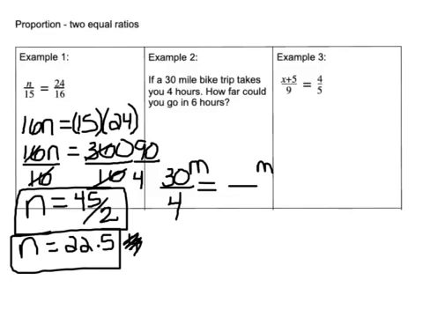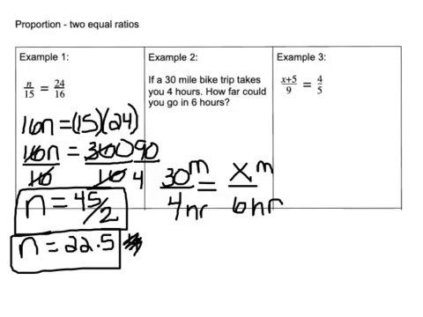You have hours in the denominator on the left side, so you want the 6 hours in the denominator. And we're looking for how many miles we can go in 6 hours.